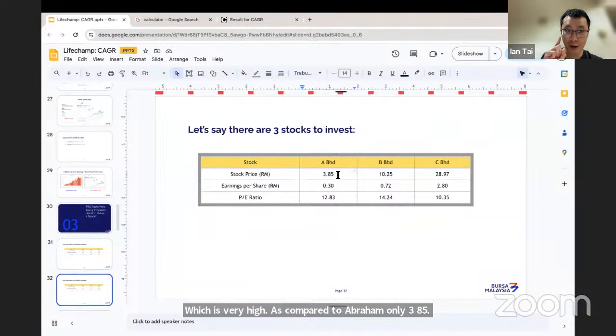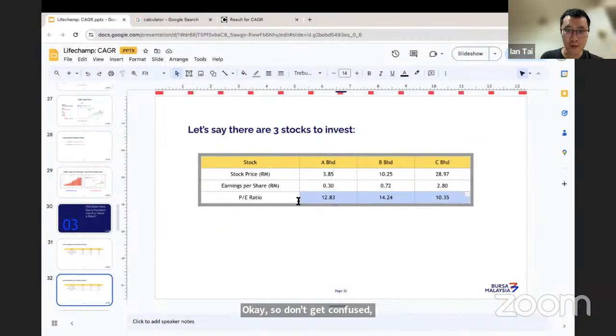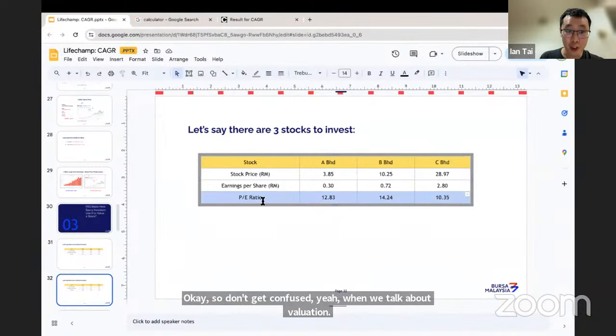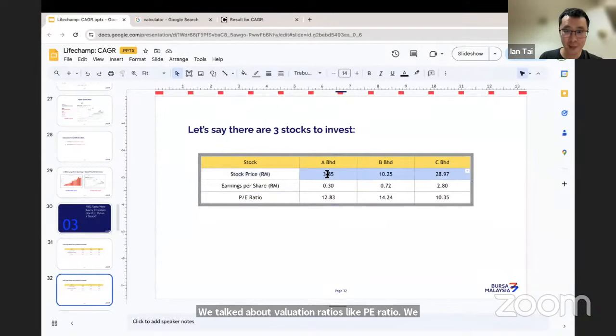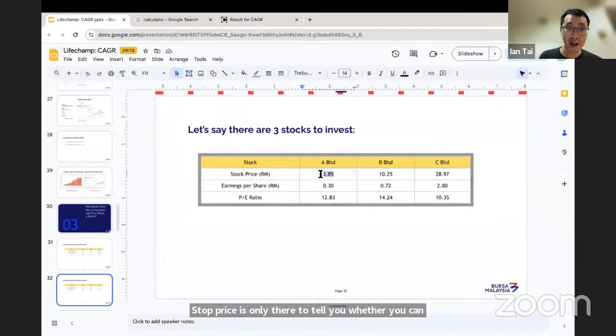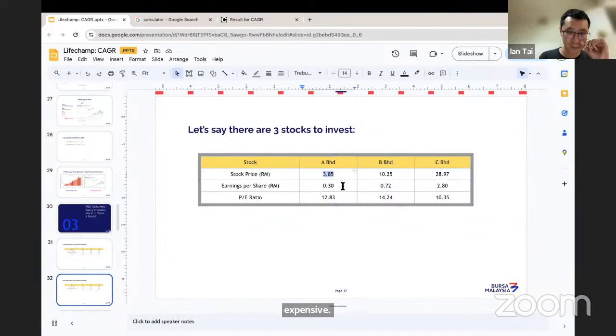When we talk about valuation, we talk about valuation ratios like PE ratio. We don't just look at stock price. Stock price is only there to tell you whether you can afford or cannot afford the stock. That's about it. So A Berhad at a lower price is just more affordable. Doesn't necessarily mean that it is any cheaper or any more expensive. It's just a price, okay?